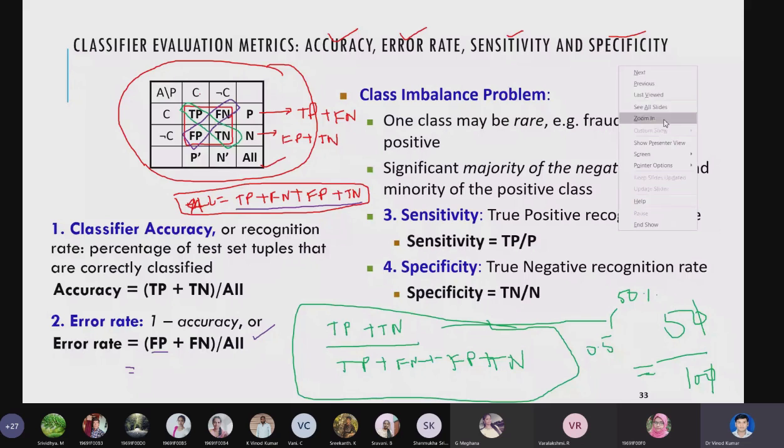Next thing is the class imbalance problem. This is not any metric, but an issue that we generally see in data sets. So what is the problem of class imbalance?